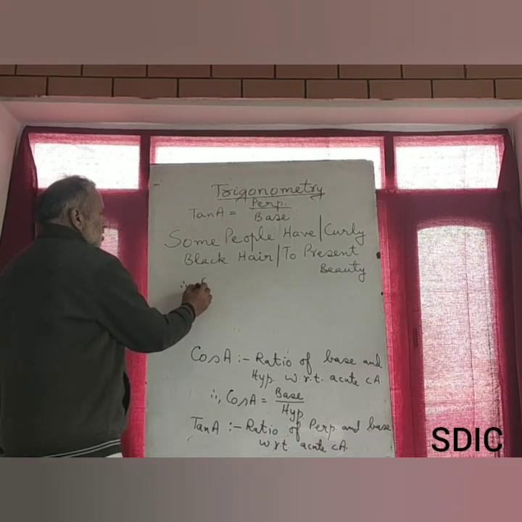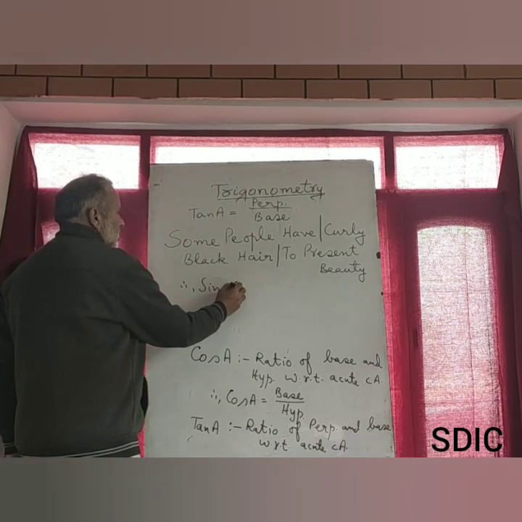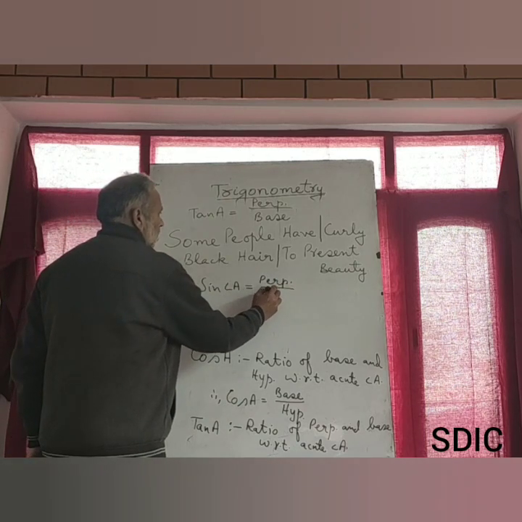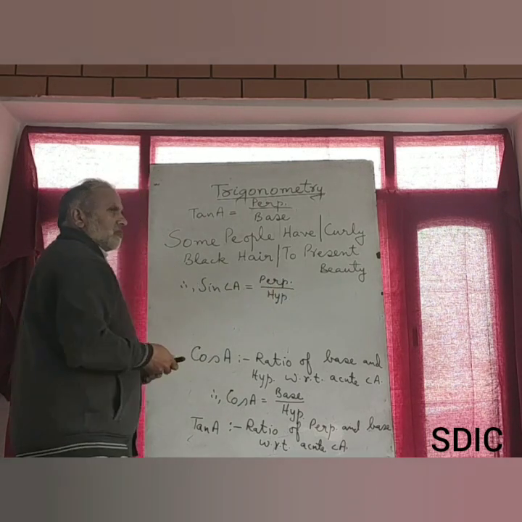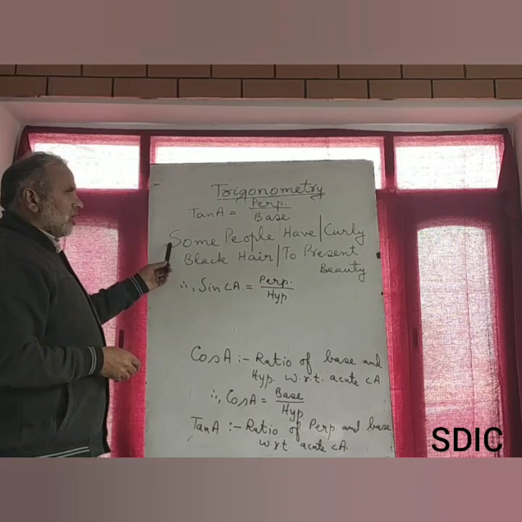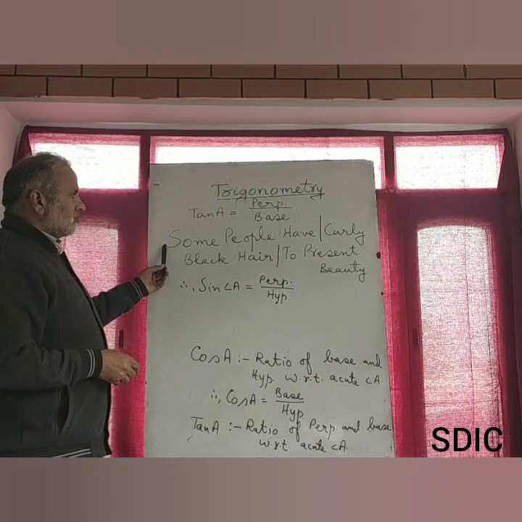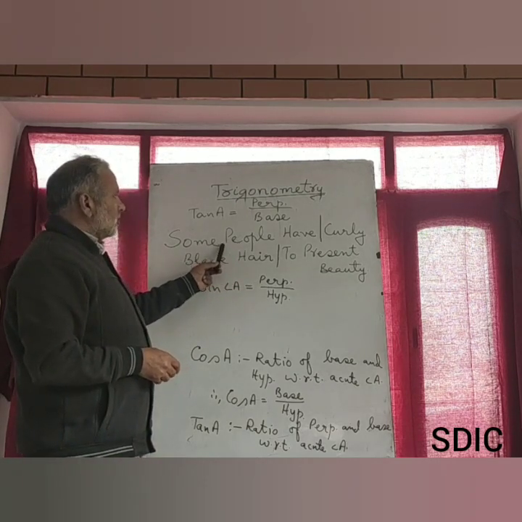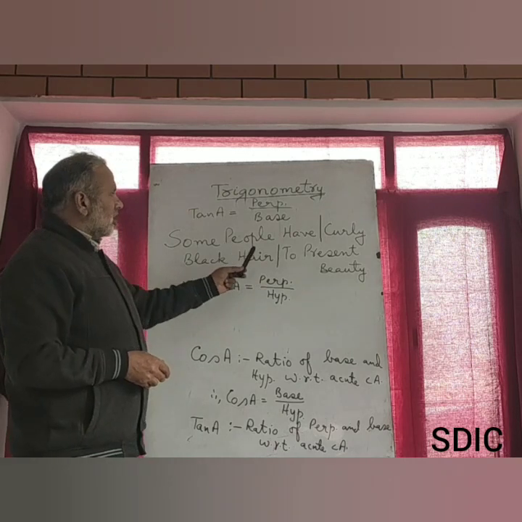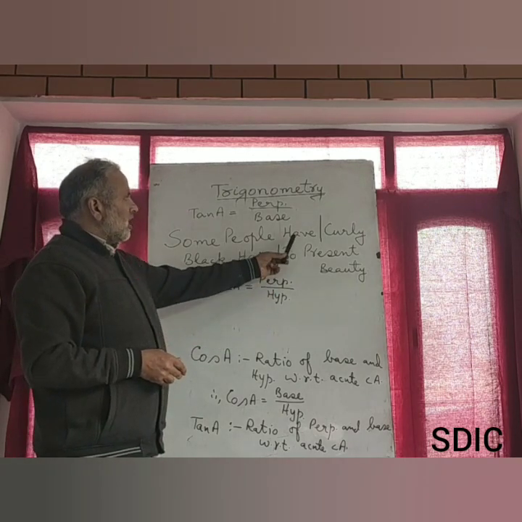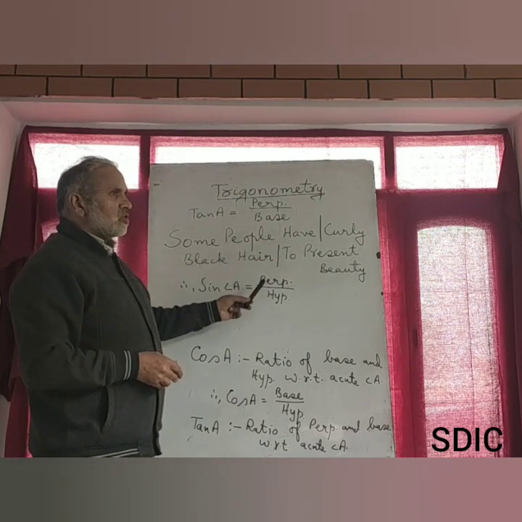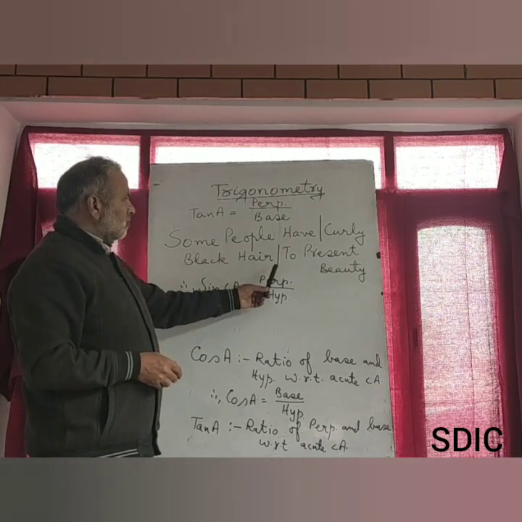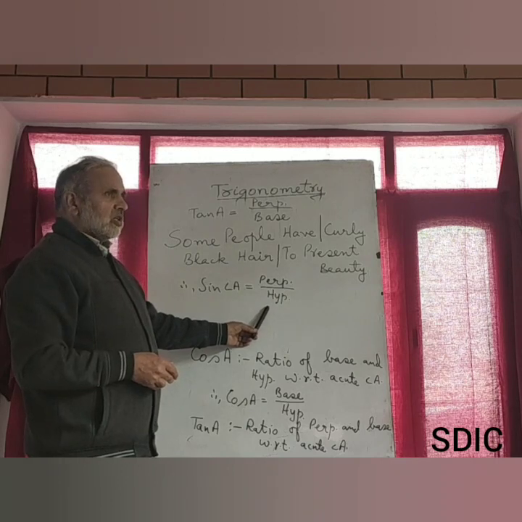Therefore, sine of acute angle A is perpendicular divided by hypotenuse. Sine from some, the first alphabet S, perpendicular from people, the first alphabet P, and hypotenuse from have, the first alphabet H. Sine of acute angle A is perpendicular by hypotenuse.